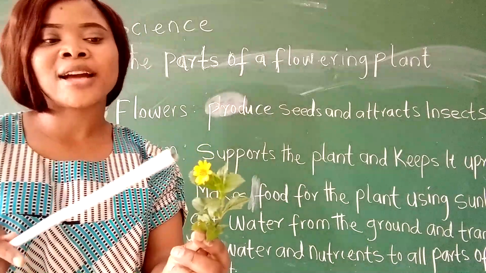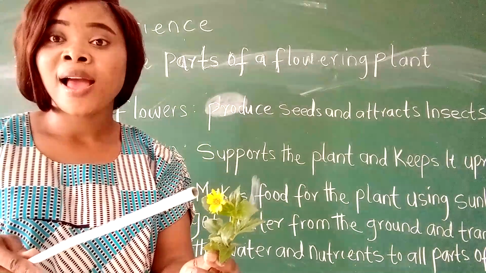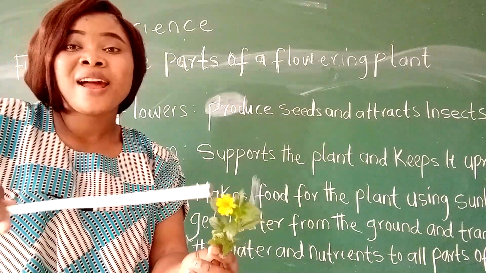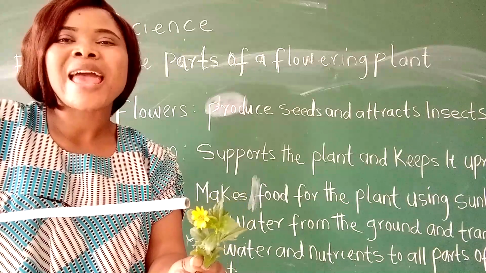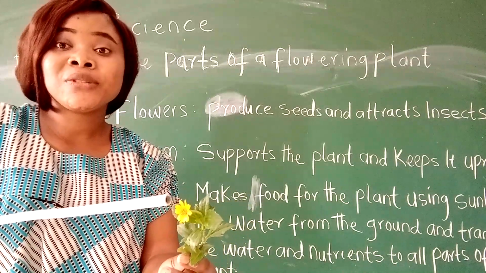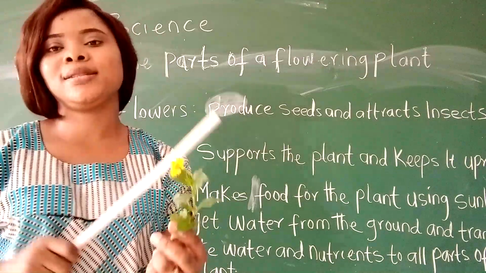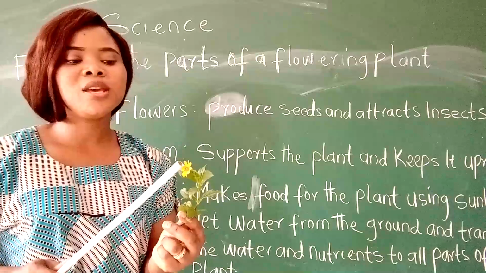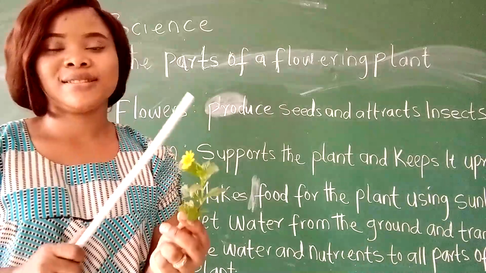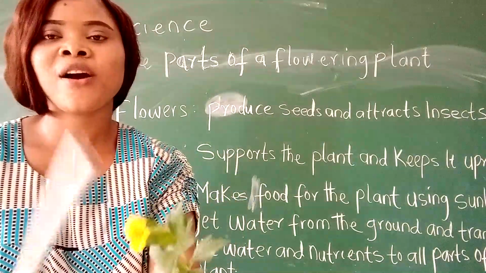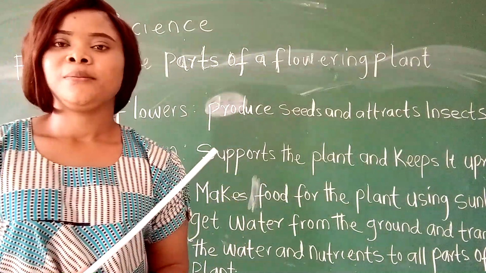As the insects are attracted to the flower and come around it, flying around it, perching on it, it helps to produce the seeds. That is a big fact. So this is what the flower does for the plant.